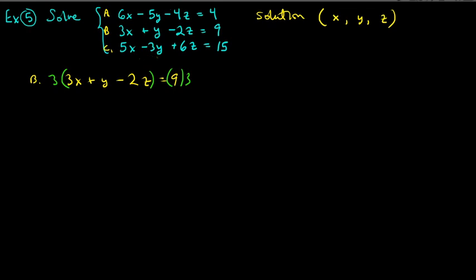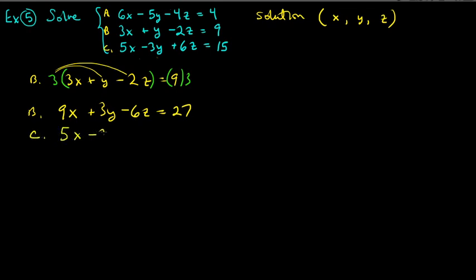When we do this, we're going to get 9x plus 3y. Let me say that again: 3 times 3x is 9x, not 9y. And then 3 times y. And then 3 times -2z is -6 times z. And then 9 times 3 is 27. So that's still equation B. Now we add equation C to the mix.